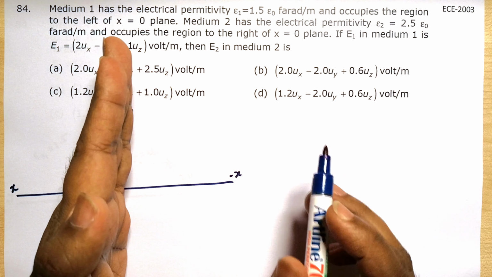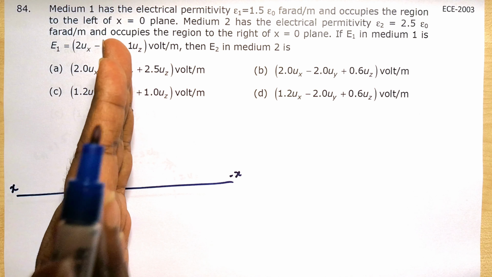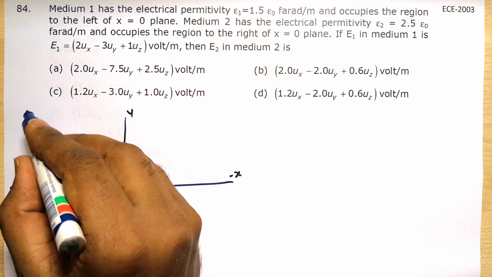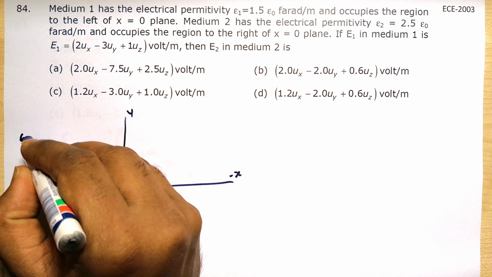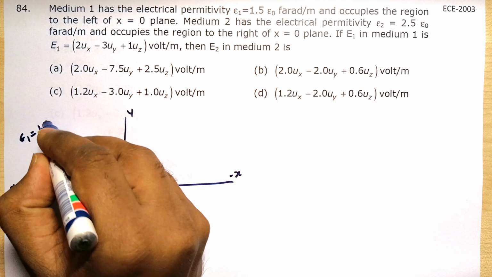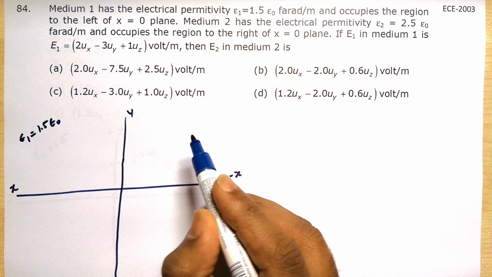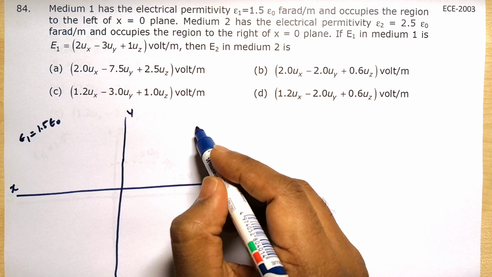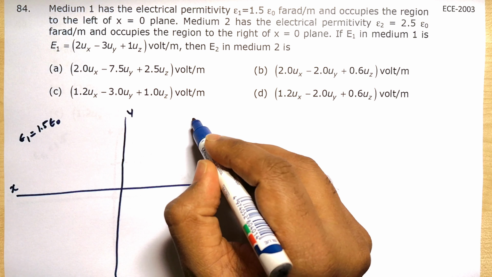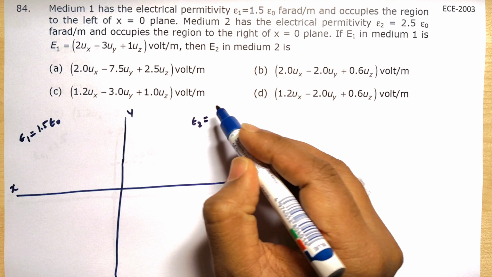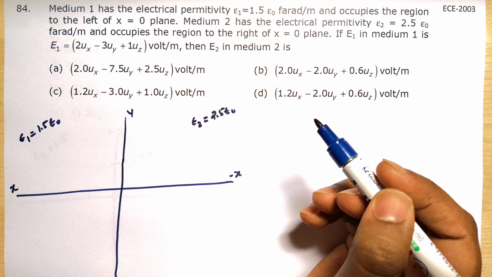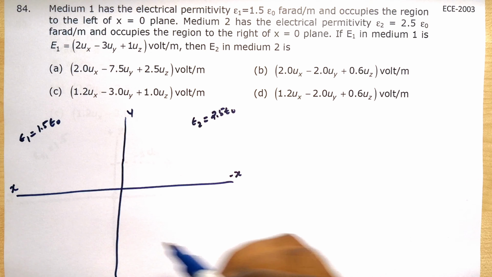The question says that the medium to the left of the x equal to 0 plane is given by epsilon 1 equal to 1.5 epsilon naught, and the electric permittivity to the right of x equal to 0 plane, which is medium 2, is epsilon 2 equal to 2.5 epsilon naught. So we have established this schematic.